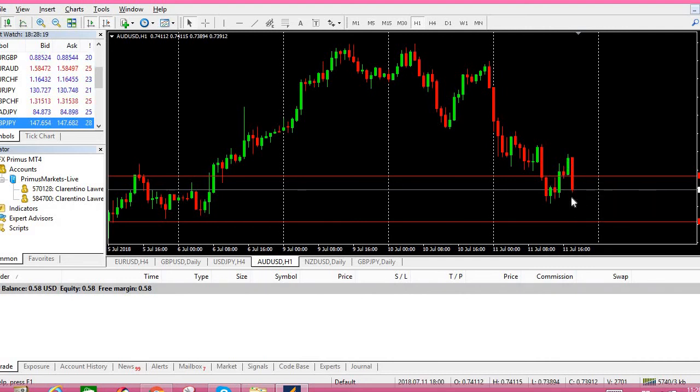The sellers are pushing the value of the Australian dollar down, because there is really strong, solid momentum for the US dollar.